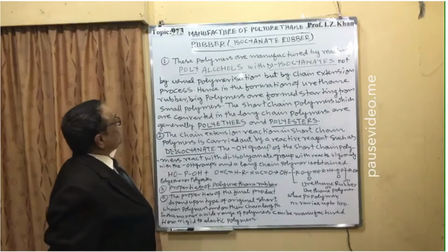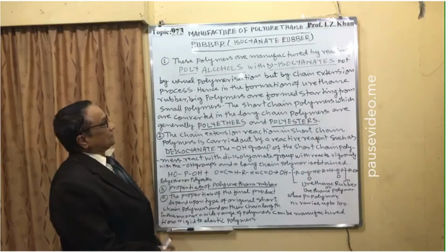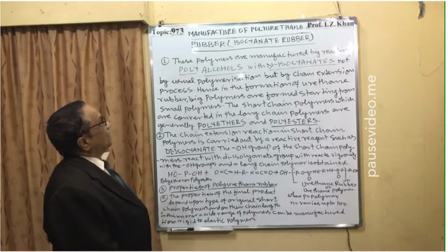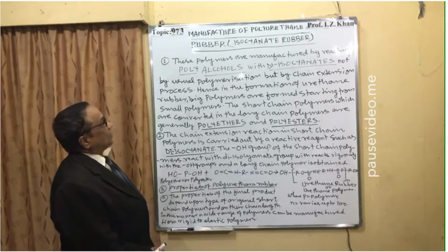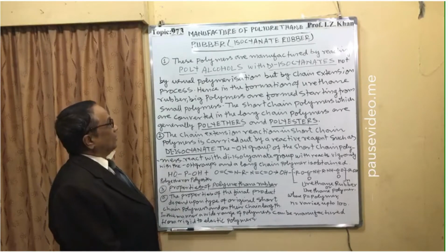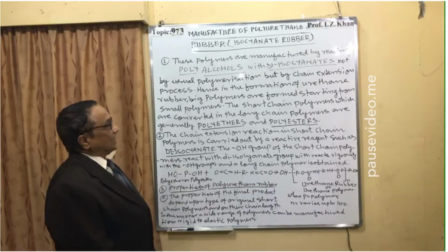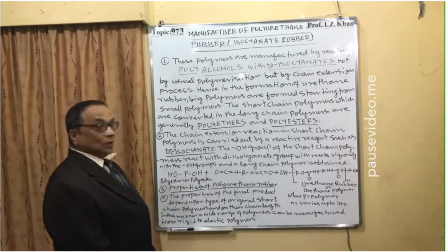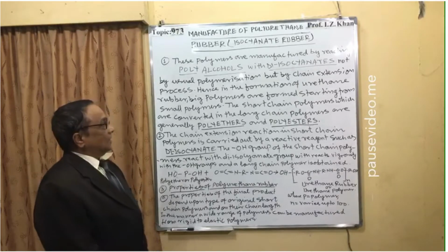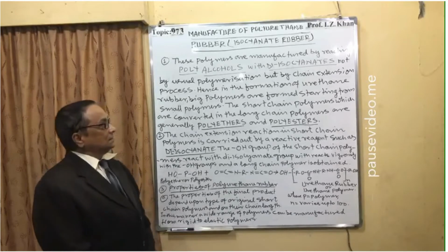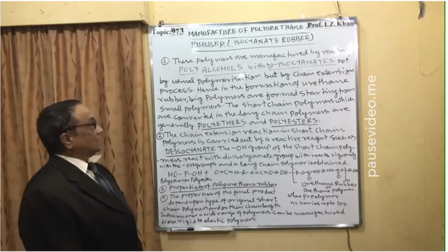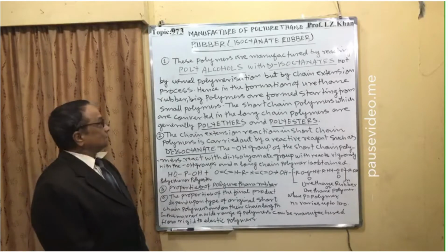So number one, these polymers, isocyanate rubber or polyurethane rubber, are manufactured by reacting polyalcohols with di-isocyanates, not by usual polymerization but by chain extension process, that is called chain extension process.